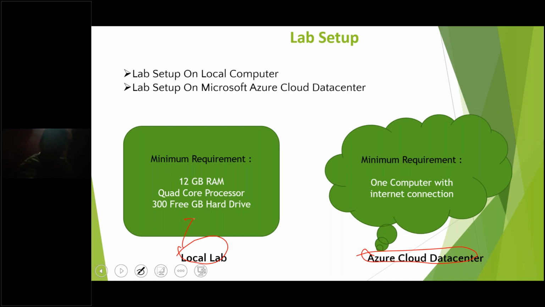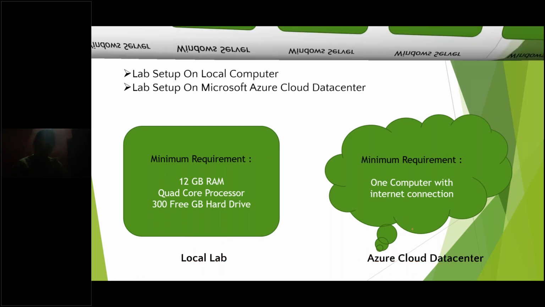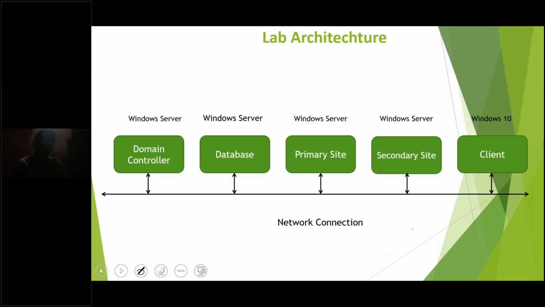You need to create your lab either local or Azure so that you can do practicals, everything we will be doing will be practical. Now our architectural diagram will be like this. We will have one primary site, one secondary site, one client computer, database, and domain controller. All will be on the same network connection so that they can talk to each other.